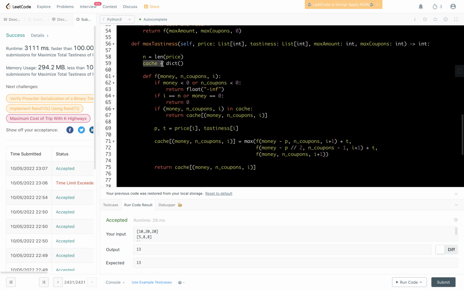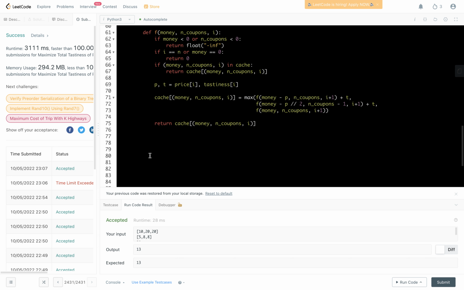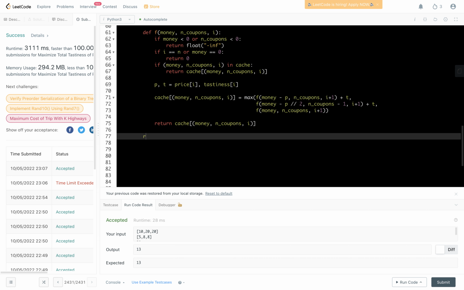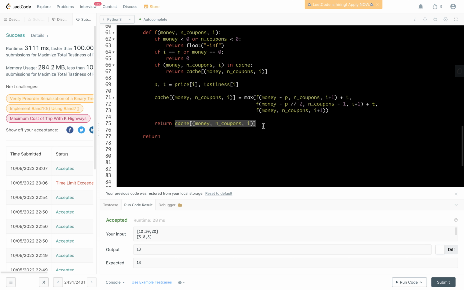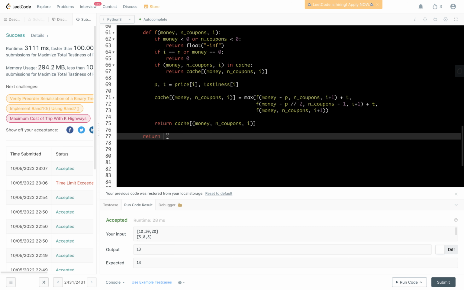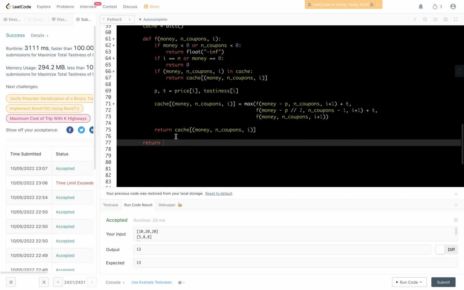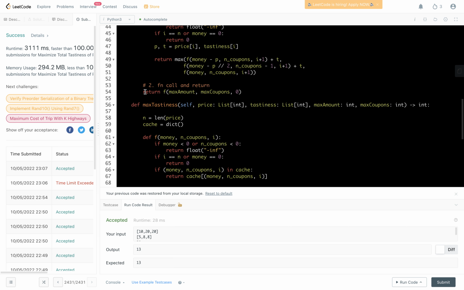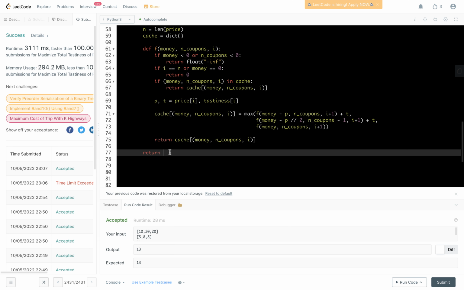So we have this one, and then we are going to return this part. This way, first we write the function, so we use a specific storage or cache, and then we return this one. No, let's not return this one. Let's call this function and see.